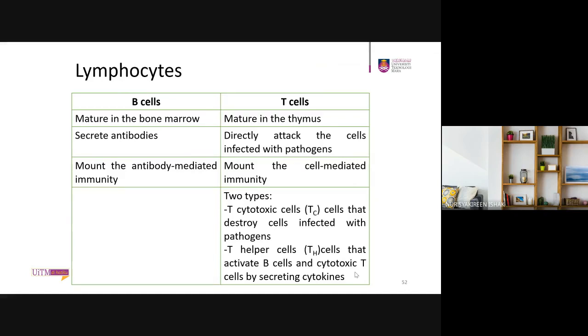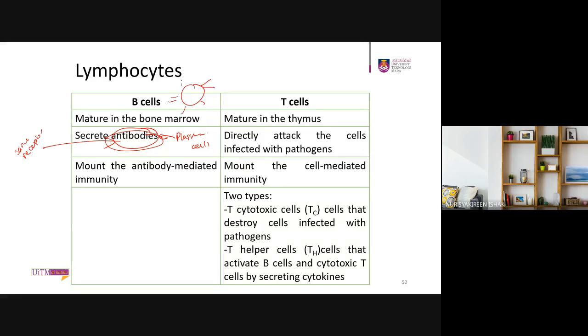Okay, so B cell, once it is activated, the activated B cell, we call it the plasma cell. Okay, so the plasma cell will produce and secrete antibodies. The antibodies secreted by the B cell will be the same shape, okay, the same function as the receptors that are found on the B cell surface tadi.